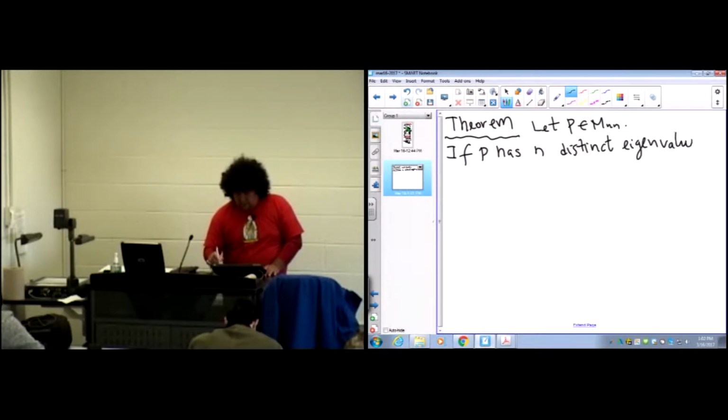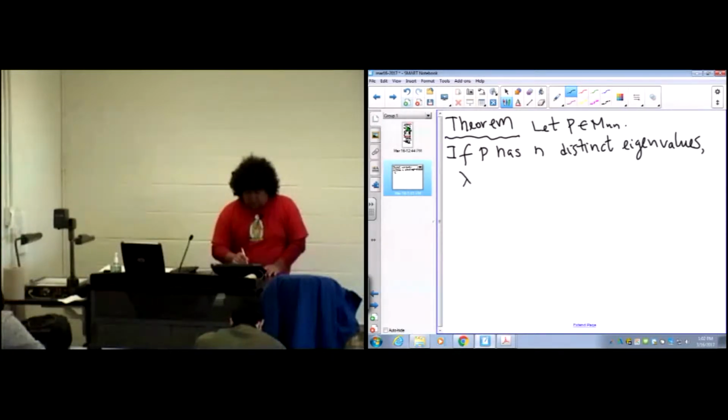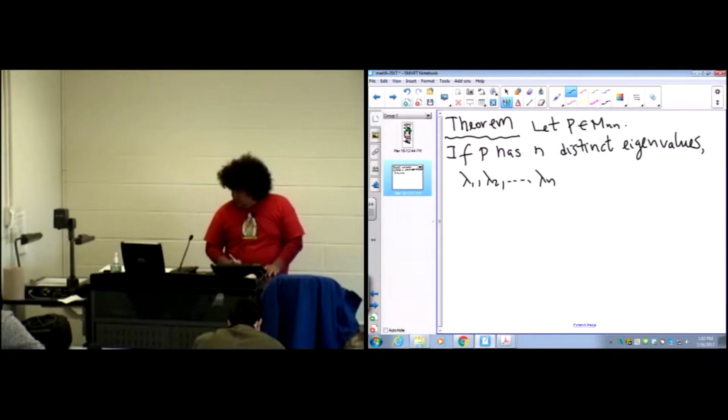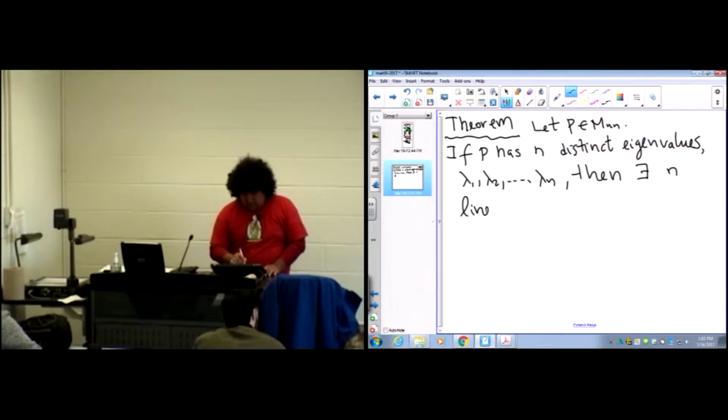Maybe I should have written here there exists n linearly independent corresponding eigenvectors. I'm going to call them v sub 1, v sub 2, all the way through v sub n.